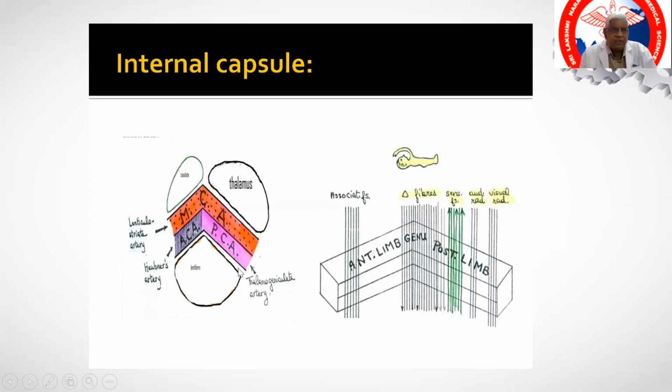Blood supply: the MCA, the anterior choroidal artery, and the thalamogeniculate artery for the posterior part. This is the blood supply.